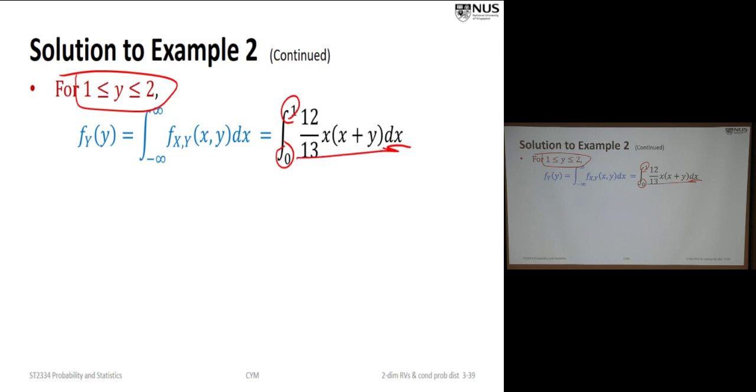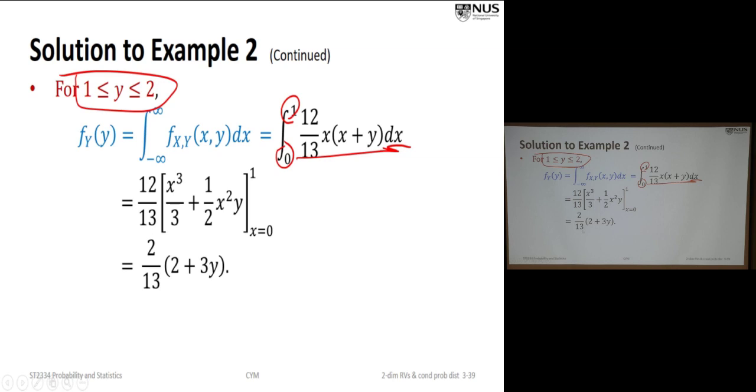Outside this 0 to 1 range, the joint PDF is 0. So I complete the integration, and it's 2/13 times (2 + 3y). And it will be 0 when y is outside the range 1 to 2. That means if y is less than 1 or y is bigger than 2, the marginal density is 0.